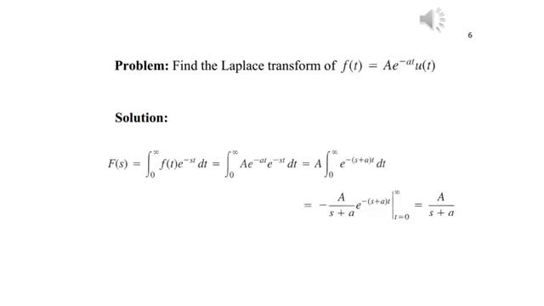This can also be verified. Now this function is a e raised to the power minus alpha t u of t. We know that e raised to the power minus alpha t is rotation in the time domain that will change into translation in the s domain, and from the tables we can figure out without any integration that its Laplace transform is a divided by s plus a.